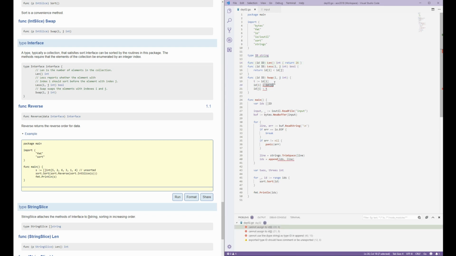Cannot assign. Cannot assign to, why not?